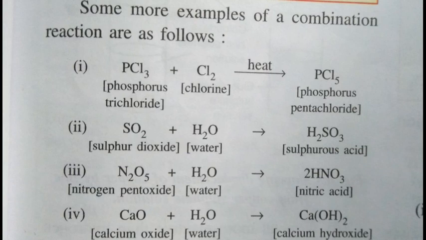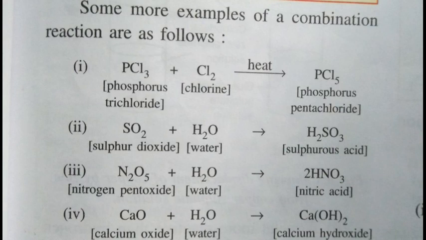Some more examples of a combination reaction are as follows. First one, PCl3 plus Cl2, that is phosphorus trichloride plus chlorine. On heating we will get PCl5, that is phosphorus pentachloride. Second example, SO2, that is sulfur dioxide plus water, will give H2SO3, that is sulfurous acid.